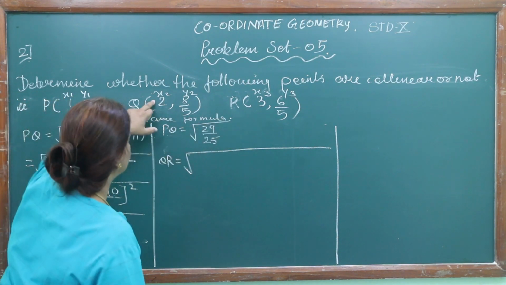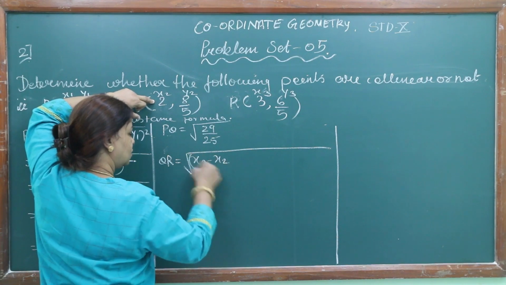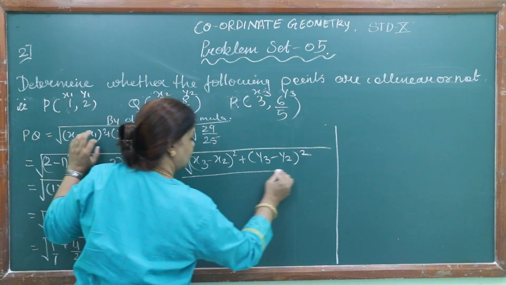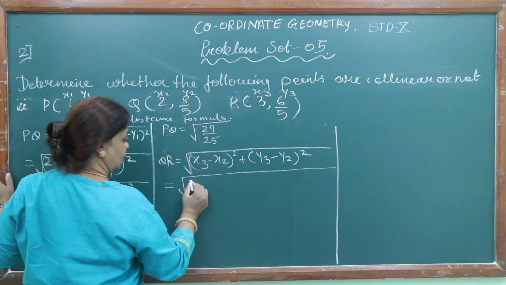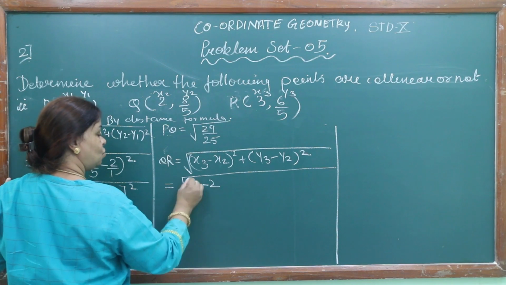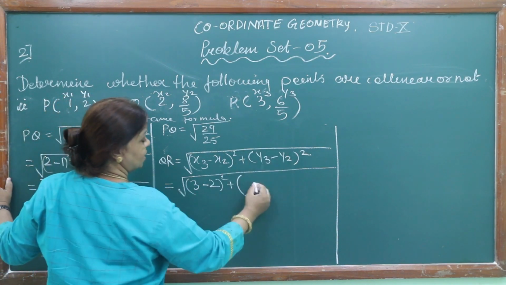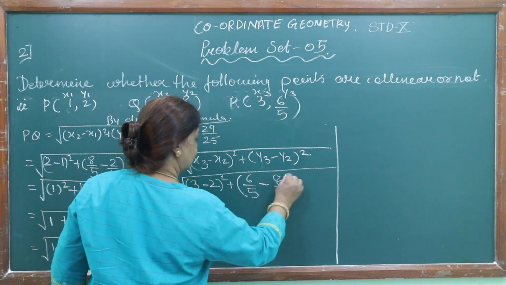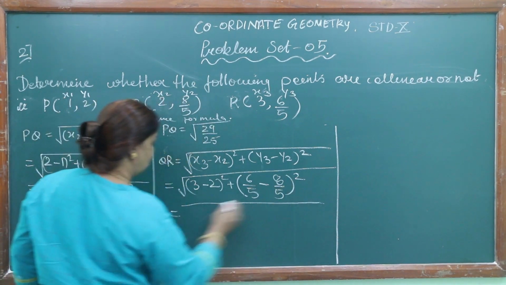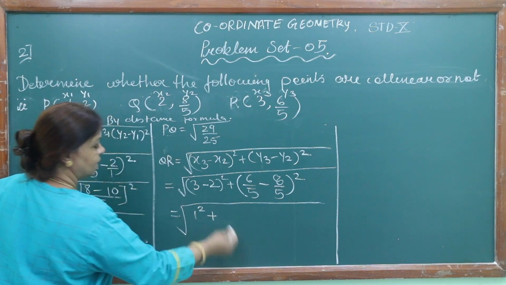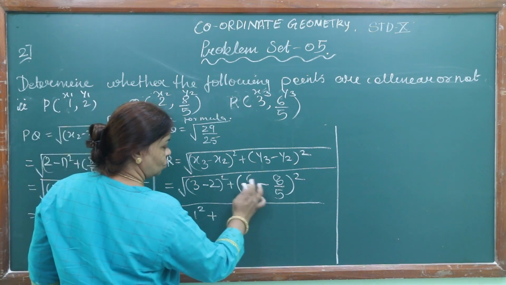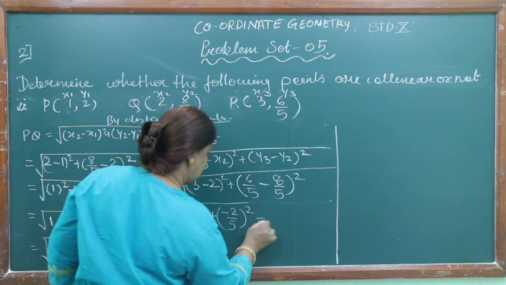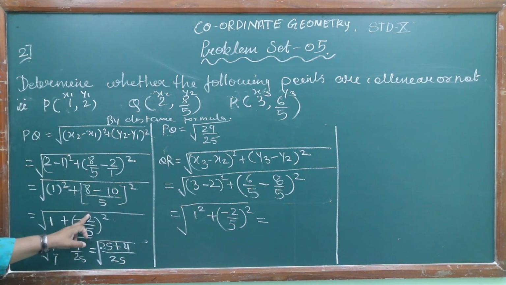Now in QR, x3 minus x2 the whole square plus y3 minus y2 the whole square. x3 is 3 minus x2 is 2, the whole square, plus y3 is 6 upon 5 minus y2 is 8 upon 5, the whole square, which is equal to under the root 3 minus 2 is 1 square plus, denominators are same so you can do subtraction at the top, minus 2 upon 5 the whole square.